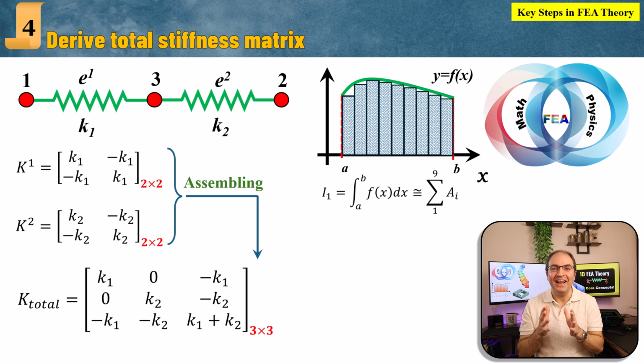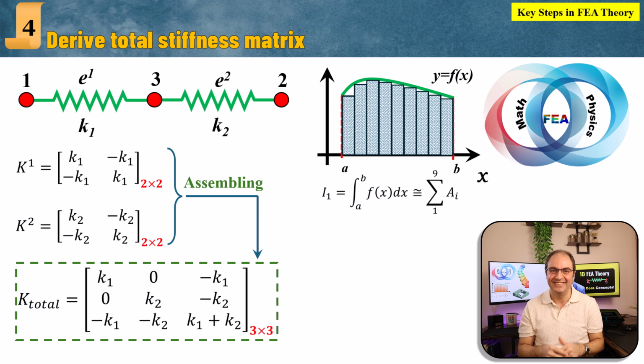Here, physics helps us show why the total stiffness matrix is a 3x3 matrix shown here. Just a quick note here. For this system, we have total 3 nodes. Therefore, total 3 degrees of freedom. So the size of the total stiffness matrix has to be 3 by 3. This matrix fully characterizes the stiffness behavior of the entire spring system and relates displacements to forces through the equation that we write in the next step.